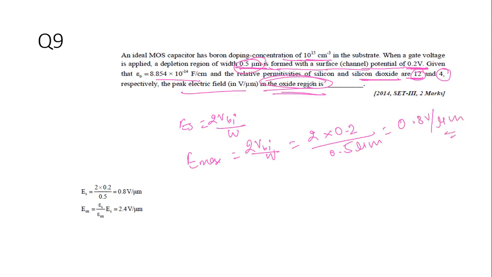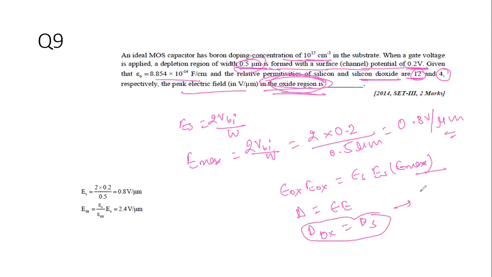Now the peak electric field in the oxide region. So epsilon ox into E ox equal to epsilon S into ES, where ES is your maximum electric field, E maximum. Why? Because D equals epsilon into E, and D oxide becomes your DS due to continuity.